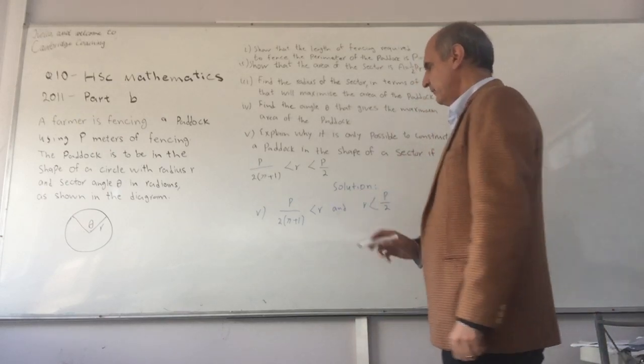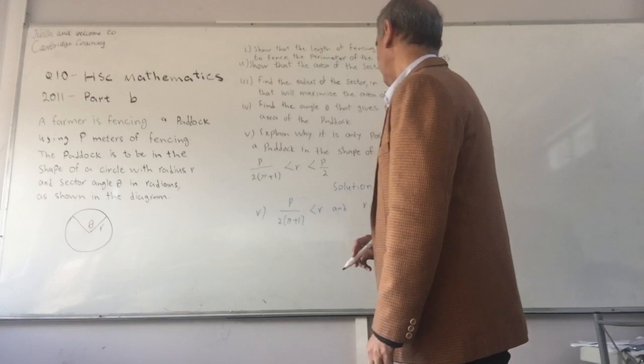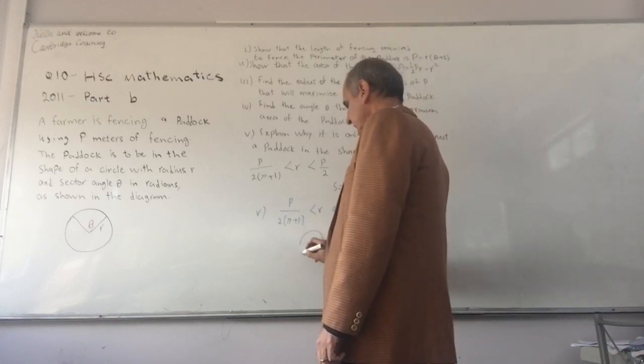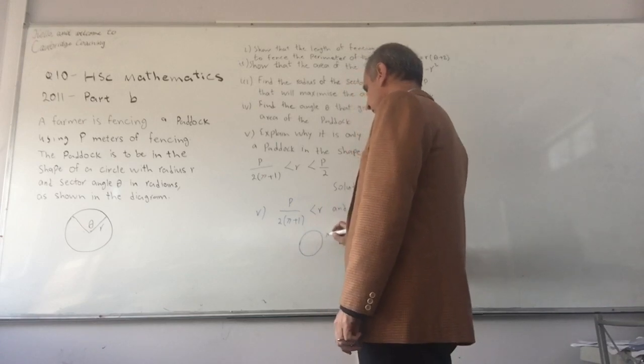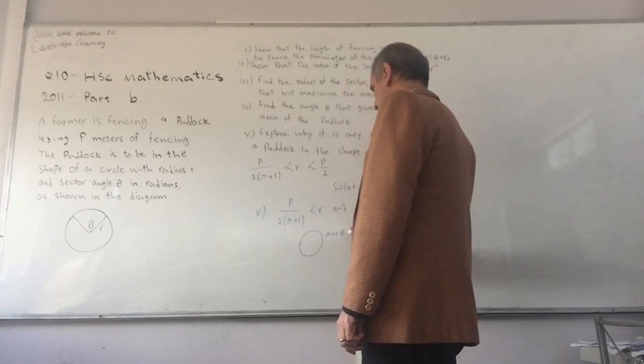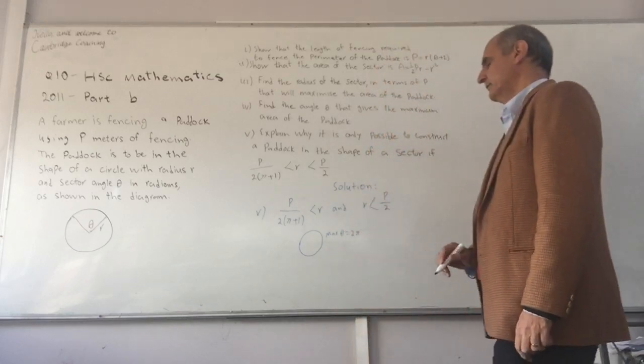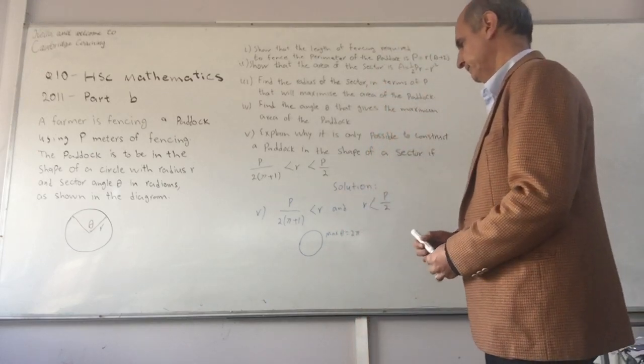For the first one, you know that when you have a sector, the maximum value for theta is 2 pi.